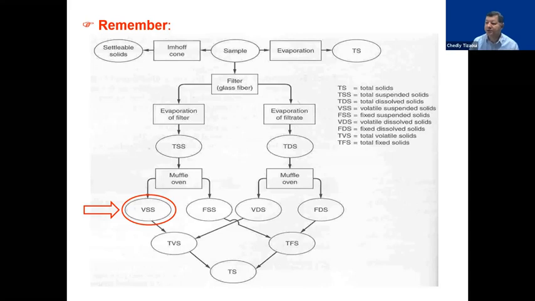Okay, so in summary, to make things simpler for you, VSS would represent the mass or the amount of microorganisms in the wastewater, and BOD and COD represent the substrate that these microorganisms use to grow.